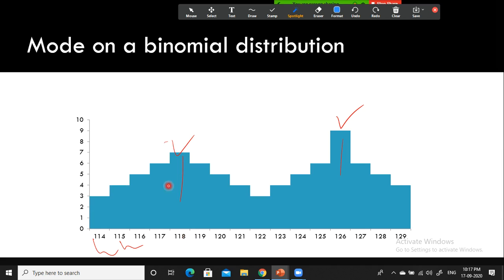And when you look at this, for 118 to 119 centimeters, the majority of females have this shoe size. Let's say 7000 females have a shoe size between 118 and 119. So what you do is, you produce more shoes with this size.